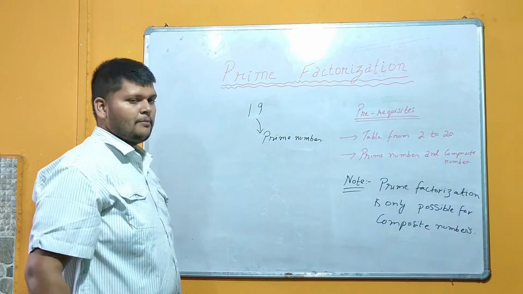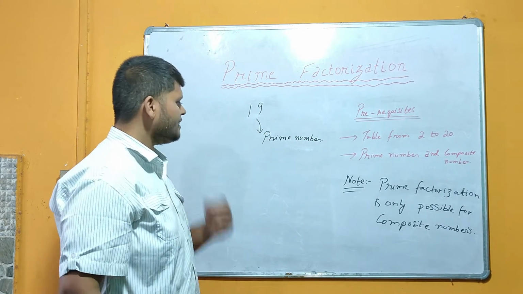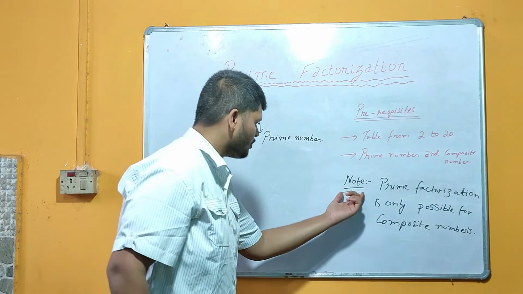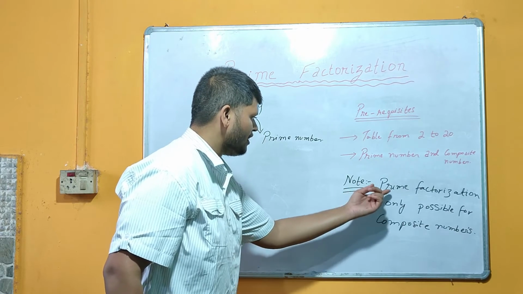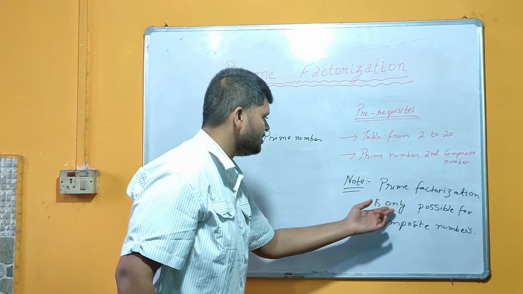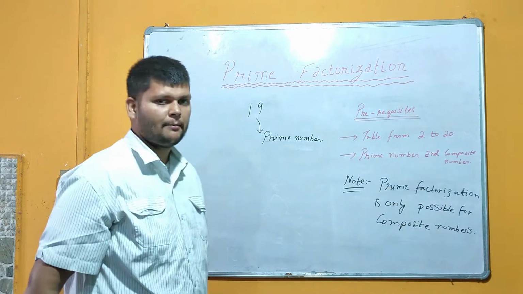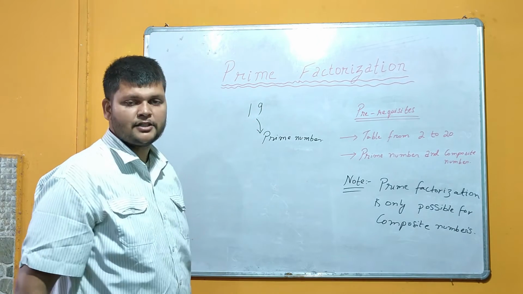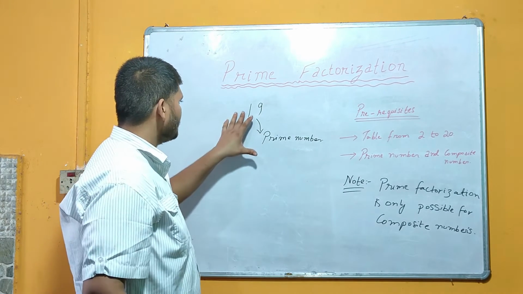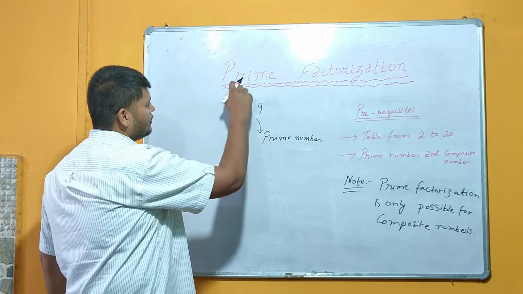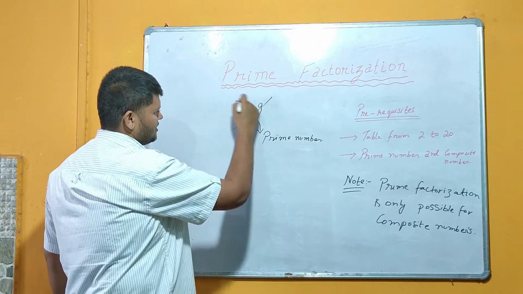If it is a prime number, then our note point you need to remember: prime factorization is only possible for composite numbers. But here we are getting a prime number. That means for this 19 we cannot find the prime factorization.